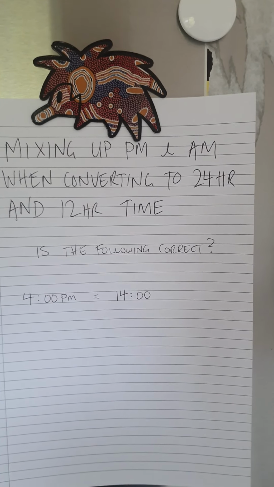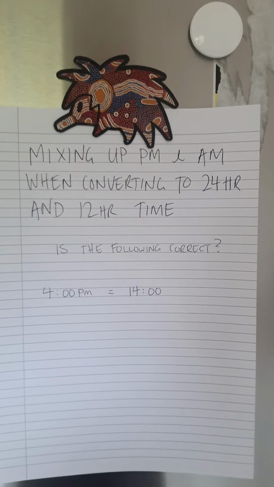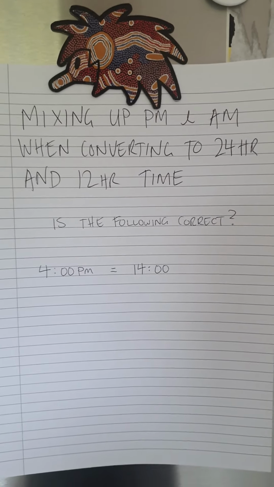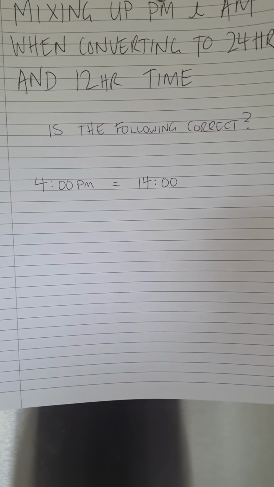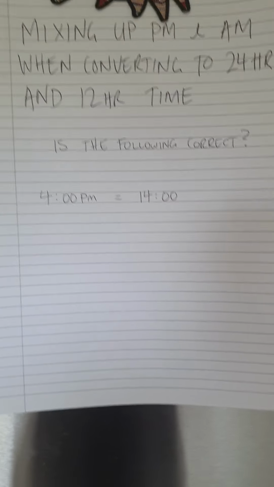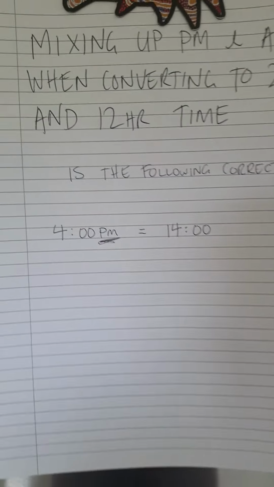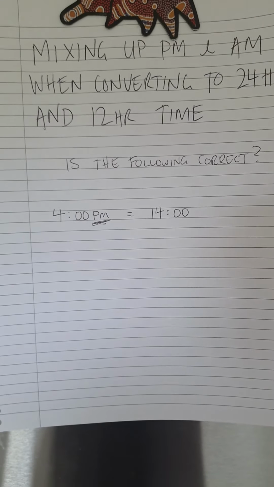So with this, we're going to look at a sample question that we've seen some students have difficulty with. Is the following correct? We have 4 p.m. Note, it says PM. That's our prime focus right there. So we're going to hone in and say, that is in the afternoon.